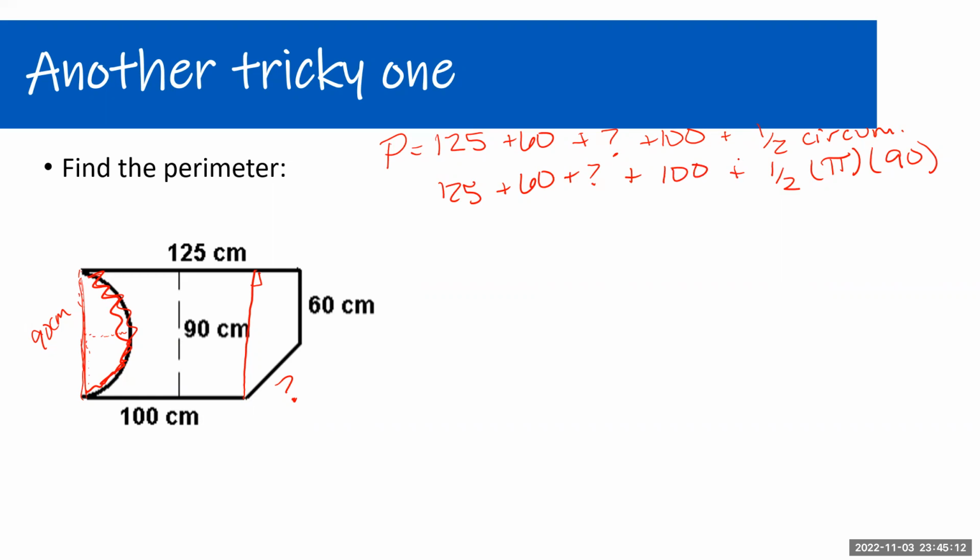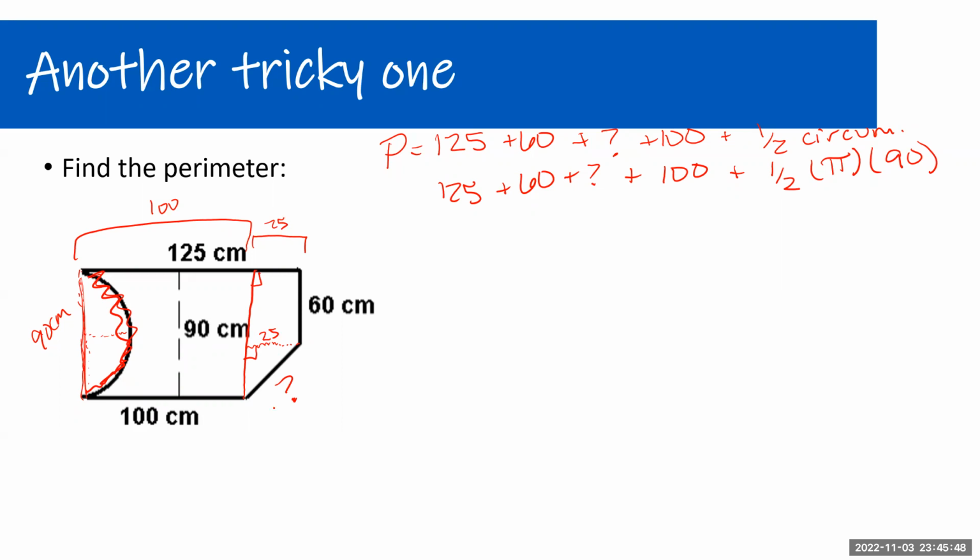Well, I would look at it as a right triangle situation. Okay. If I know that this is 100 and this is 125, then I know that this is 100 and that this is 25. Okay. Which also tells me that this is 25. Okay, so I know that I have 25 there.